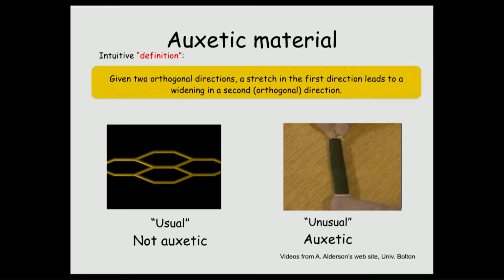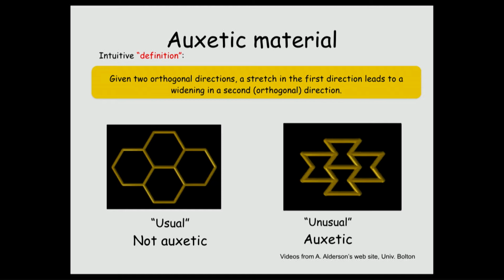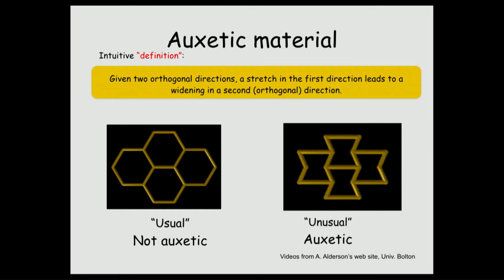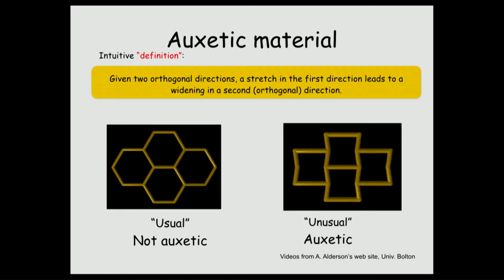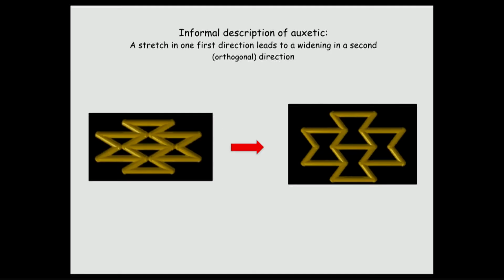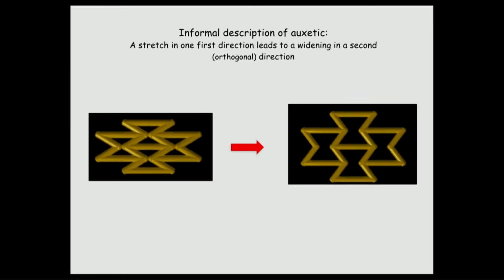As opposed to this one, the unusual behavior: you pull and it becomes larger, thicker. The growth there is not so striking, but here's the underlying structure, a model that exhibits that. You see, it's the same connectivity, the same infinite graph in both cases, but with a different placement.